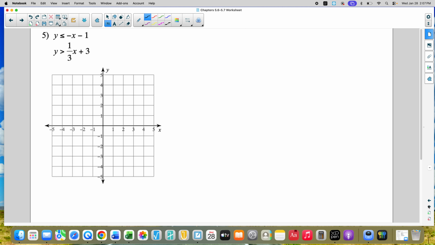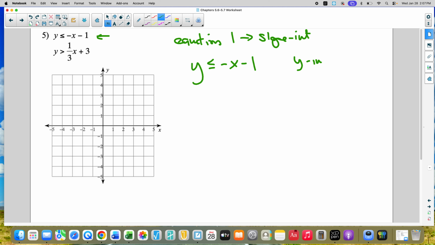Let's do equation number 1. Equation number 1 is in slope-intercept form, so I'm going to find the slope and the y-intercept. I'll look at the y-intercept first. That's -1. My slope is also -1, which is -1/1, because I have to do rise over run.